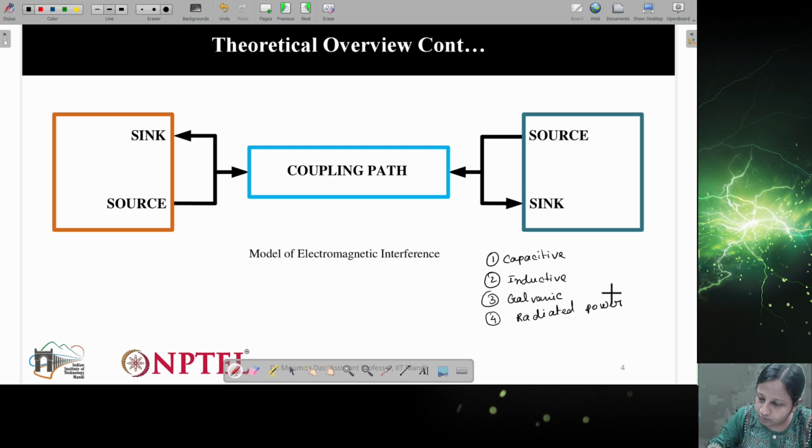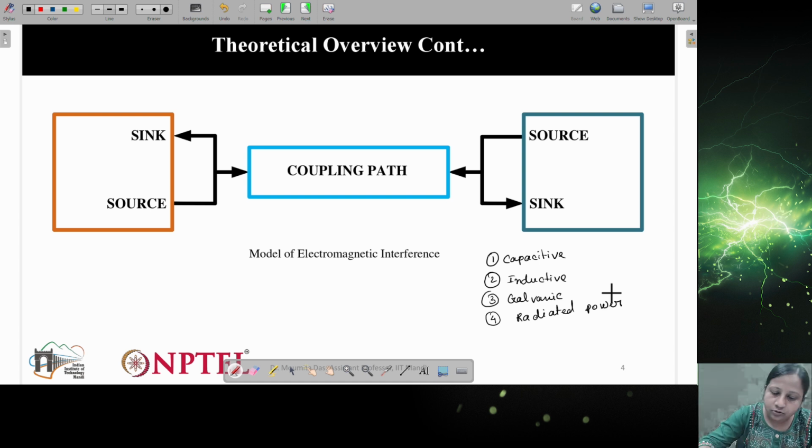Now what happens? It can cause interference because of the presence of the coupling medium. So this coupling medium can be capacitive, inductive, galvanic, radiated power, anything. This line will interfere with any of these components and it will cause interference.